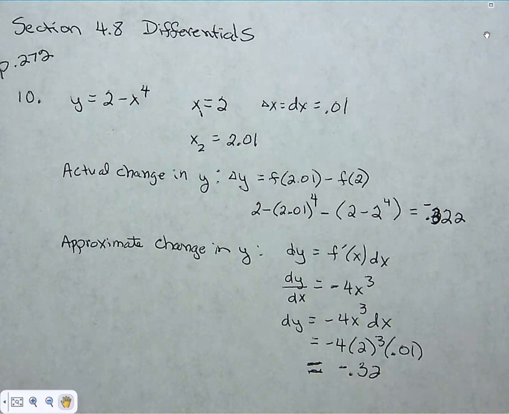And that's all this problem was supposed to illustrate, that the differential does do a darn good job of approximating the actual change in y. Got it? Any questions? I'm going to change that right here so I don't make the same mistake when I teach that again. Negative 0.322 and negative 0.32.